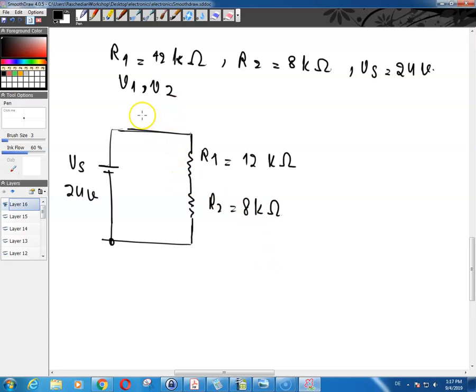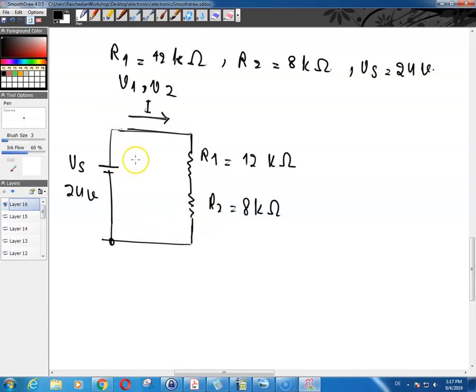Now the current going through this circuit is going in this direction, and of course, since it's a series circuit, the same current is going through R1 and the same current is going through R2.